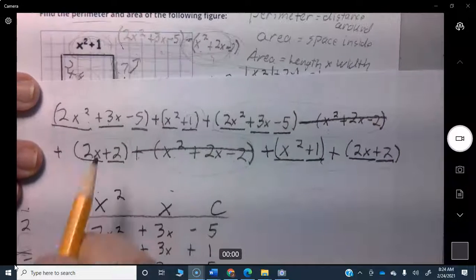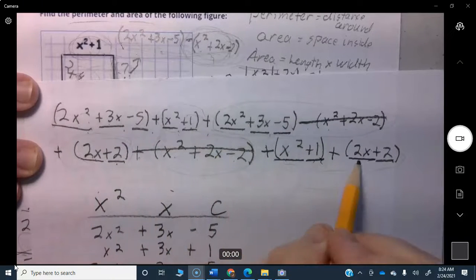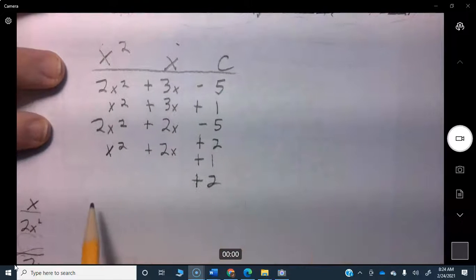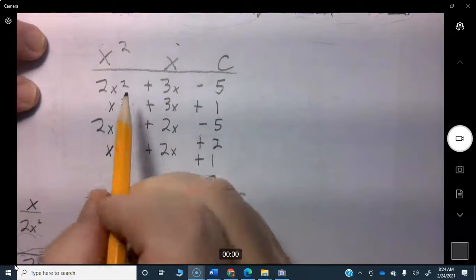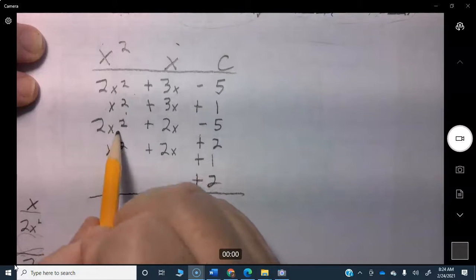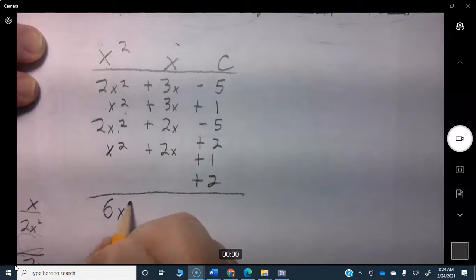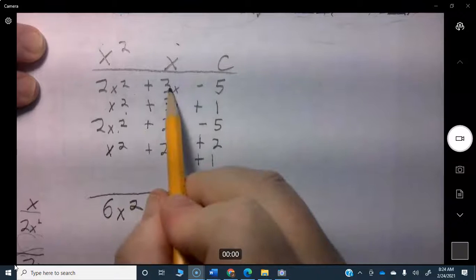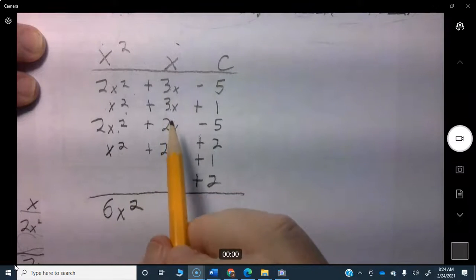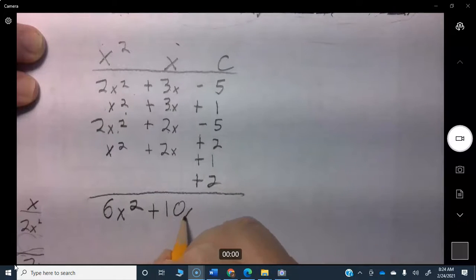So let's go through, be sure that everything is underlined, that we've covered everything. And we have. So now we can add. And it's 2x squared plus x squared is 3x squared plus 2x squared is 5x squared plus x squared is 6x squared. 3 plus 3 is 6 plus 2 more is 10. 3 plus 3 plus 2 plus 2 is 10, plus 10x.